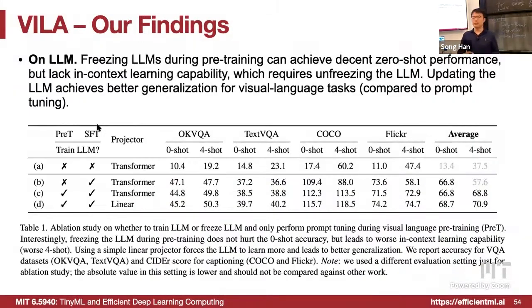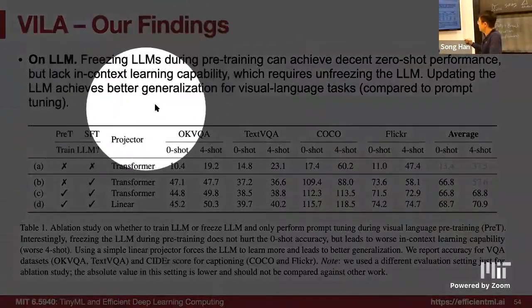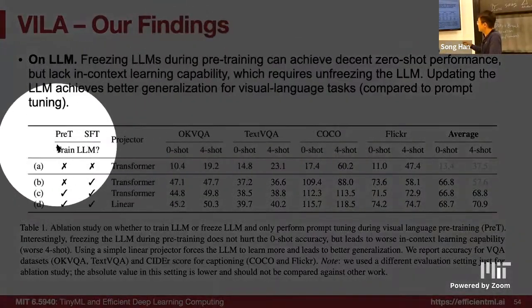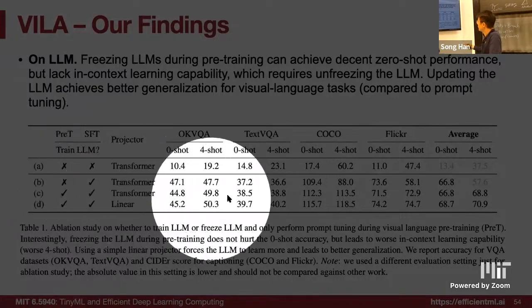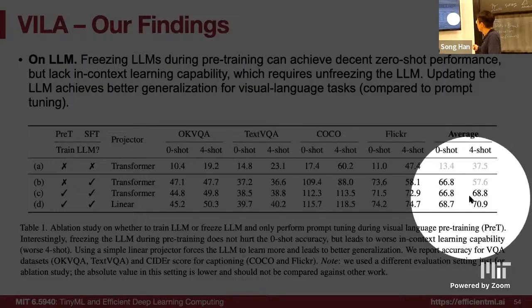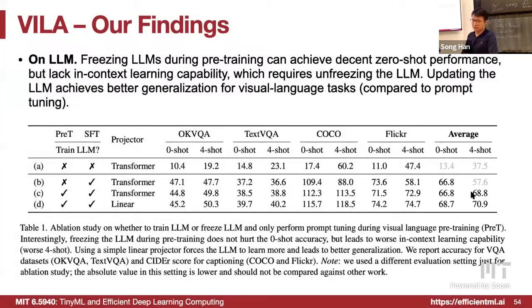We have a couple of findings during the VILA project. First, on the large language model part, we find that freezing it during pre-training can achieve okay zero-shot performance. But in order to get in-context learning capability, we should unfreeze the large language model. Updating the large language model achieves better generalization for visual language tasks. Compared with not training the language model, training it consistently gets better few-shot learning capabilities.